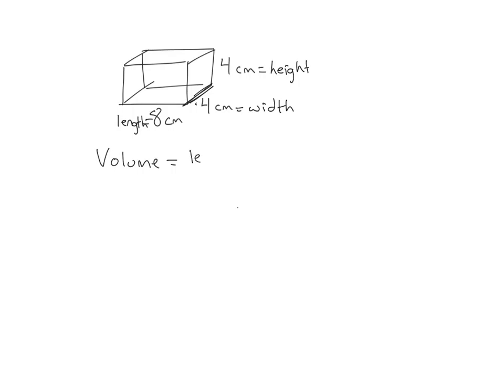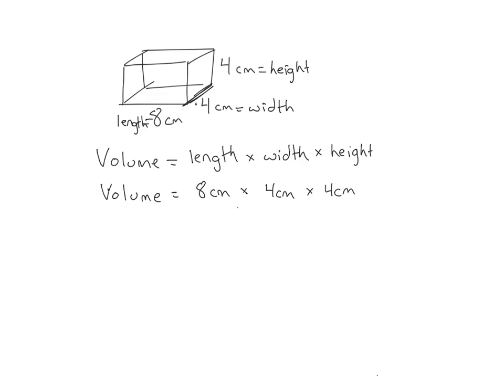It's the length times the width times the height. So volume is what I want to find out. In this case, the length is 8 centimeters times the width, which is 4 centimeters, times the height, which is 4 centimeters.